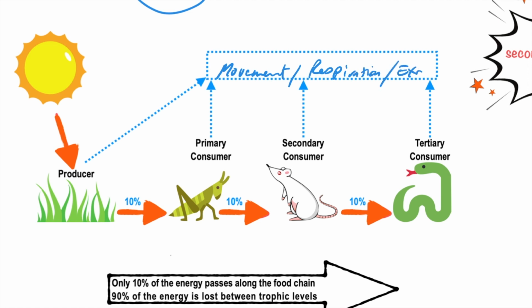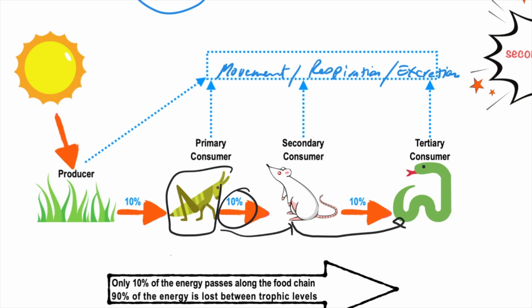So those are 3 major processes that cause loss of energy. So basically, there is a rule here in ecology. It says that only 10% of what is available for this grasshopper will pass along to the next trophic level, and only 10% of the 10% will be passed along to the next trophic level.